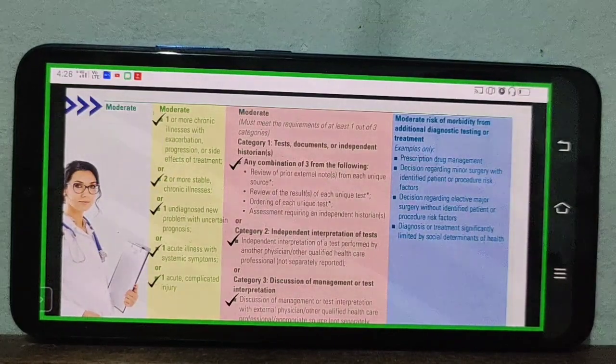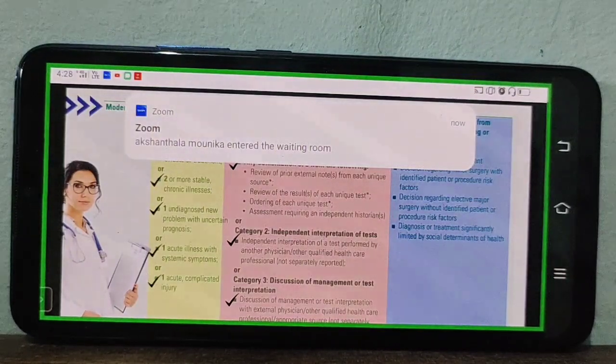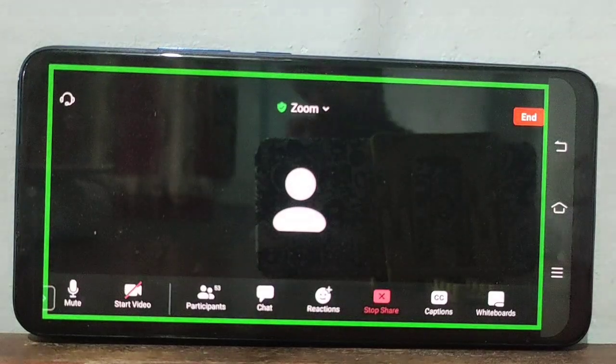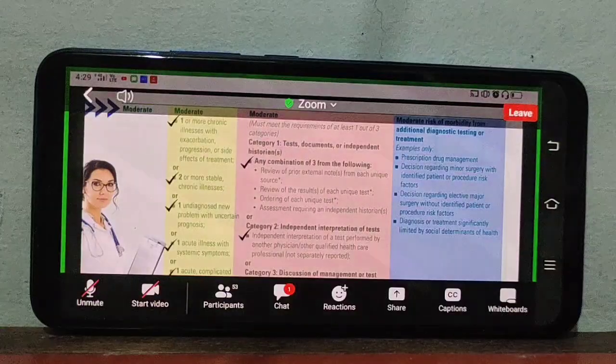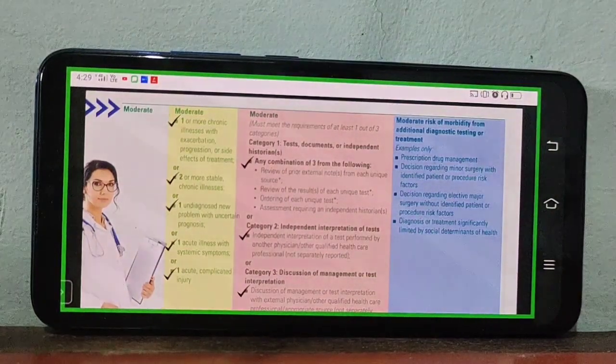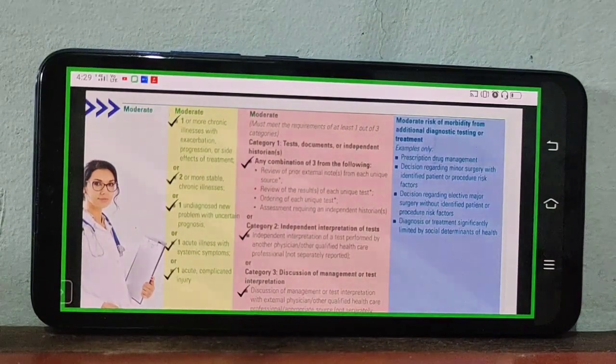Okay. Then if an individual gives an interpretation, that means if an individual gives a result of the test, that is interpretation.